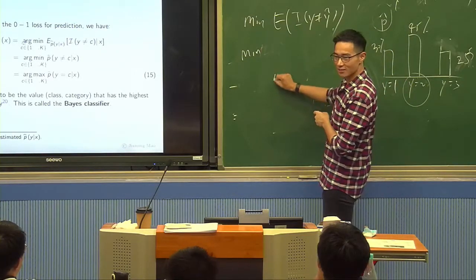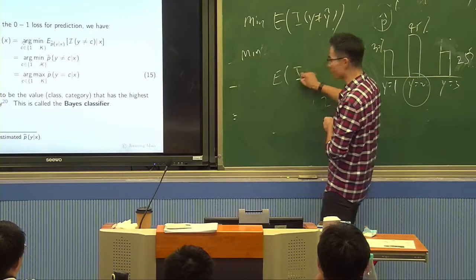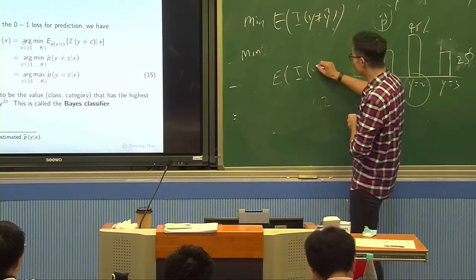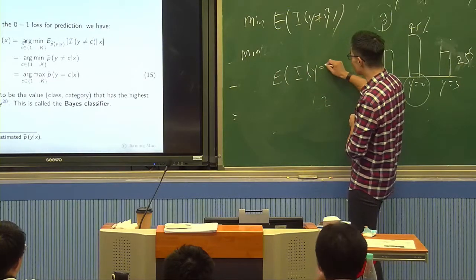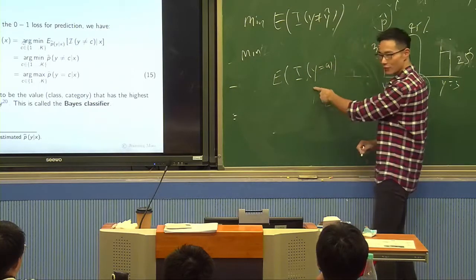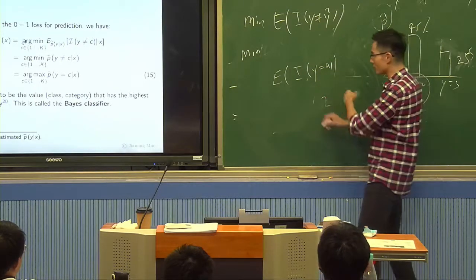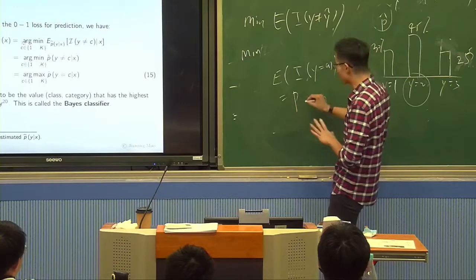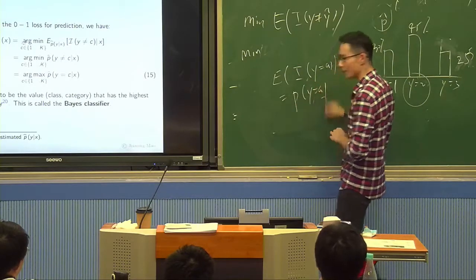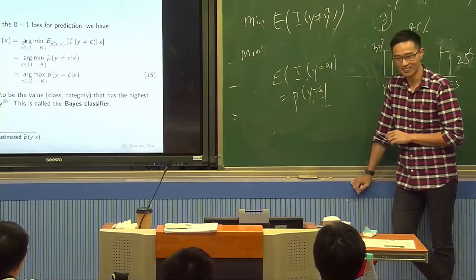Do people know what the expectation of y equal to a is? If you maximize, this expectation is just equal to the probability of y equal to a. Everybody gets that, right?